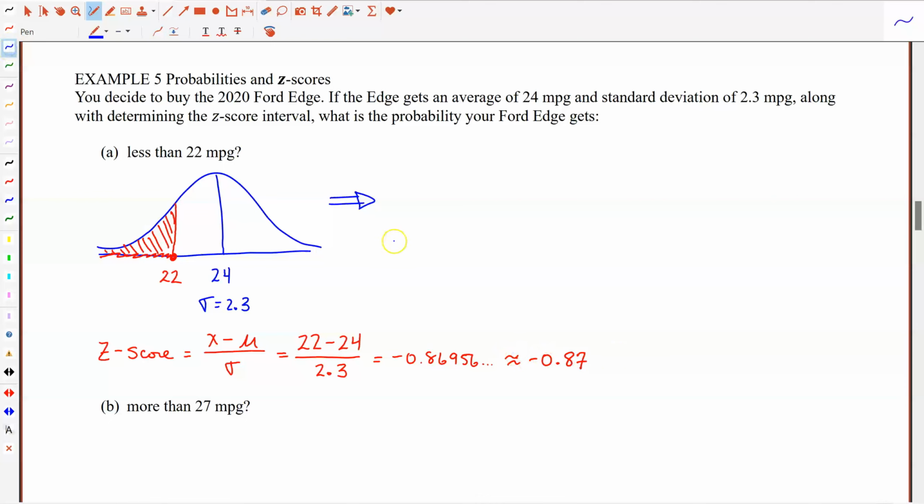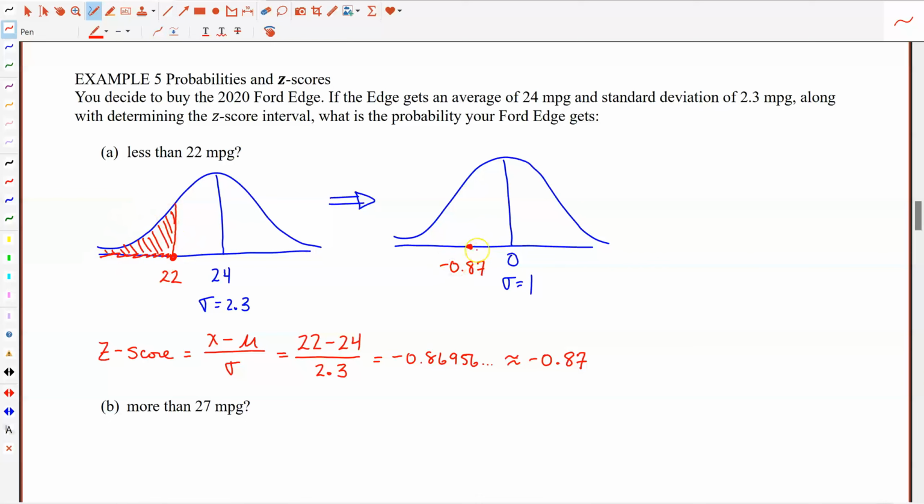So let's draw a new curve, because we're now working with the standard normal distribution. The standard normal distribution has a mean of 0 and a standard deviation of 1. My new value is the z-score that we just found, which is negative 0.87. Negative values with respect to 0 would be to the left of it, which we expected, because it corresponds to the curve we had just sketched. In math we call this a transformation.